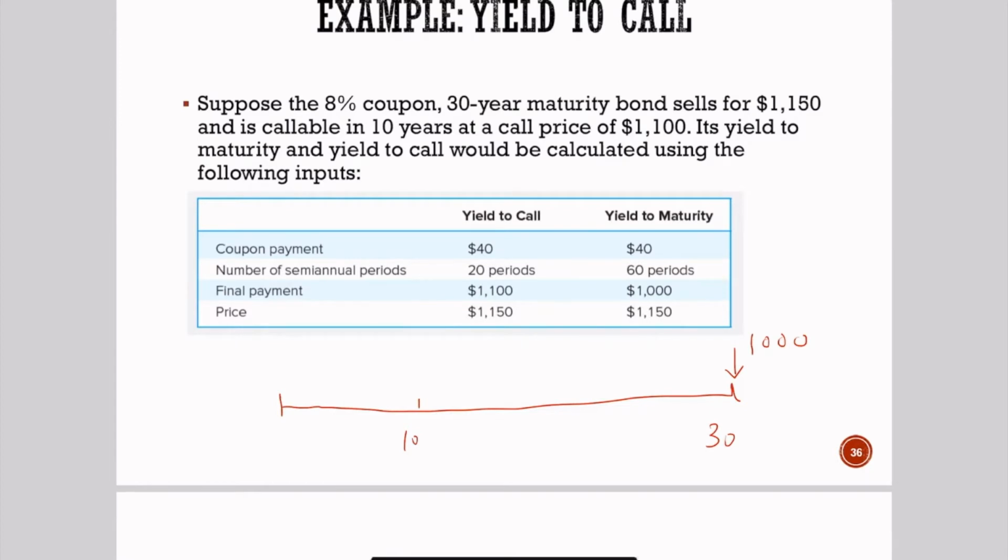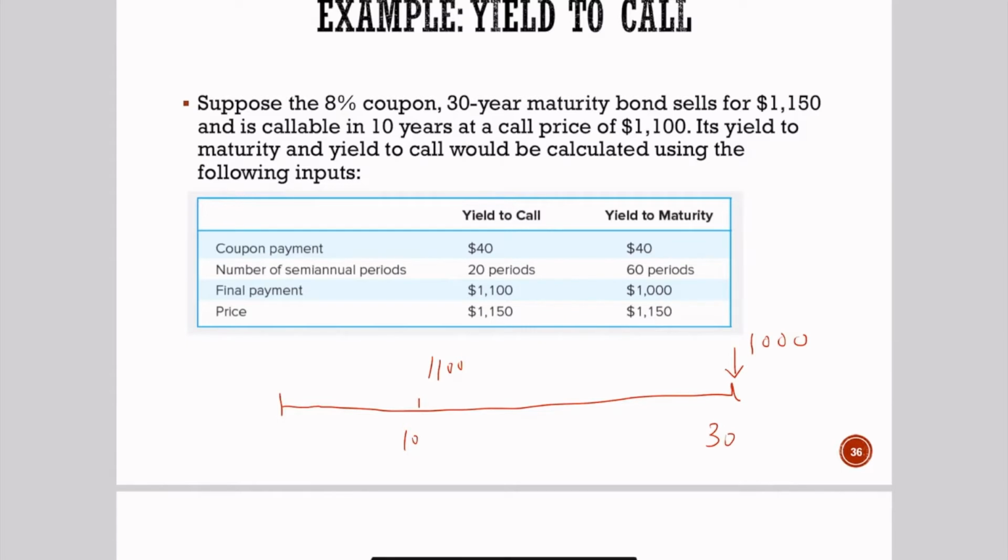And the call price is 1,100. It basically means that after 10 years, the issuer has the option to buy back these bonds at a price of 1,100.